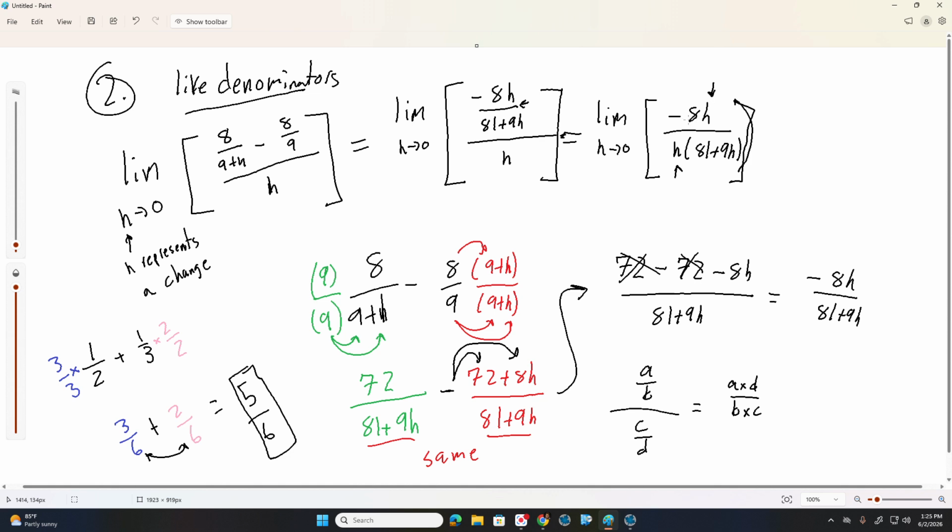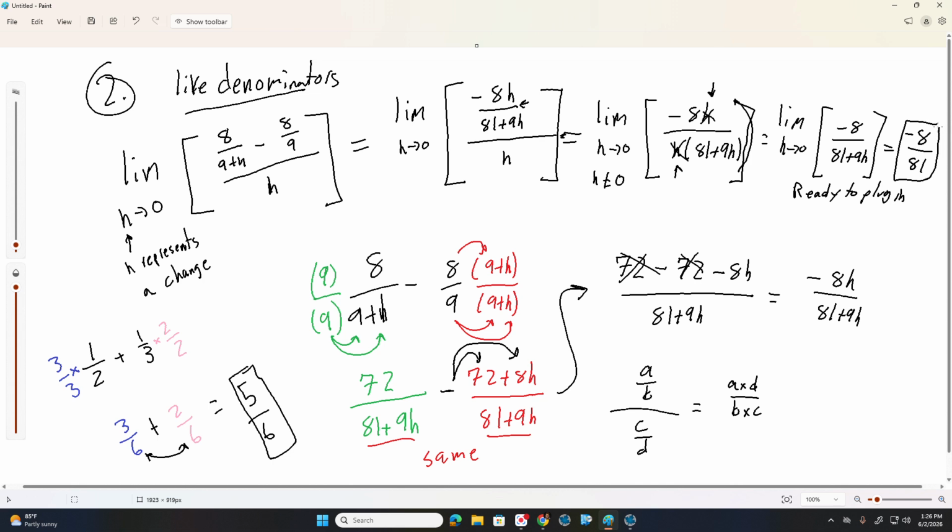But because we are in a limit environment, h does not equal 0, we can divide this h and this h, which allows us to write the limit as h approaches 0 of negative 8 over 81 plus 9h. And at this point, we are ready to plug in. And we're just going to directly plug in, and we're going to get negative 8 over 81. And that is the answer to our limit.